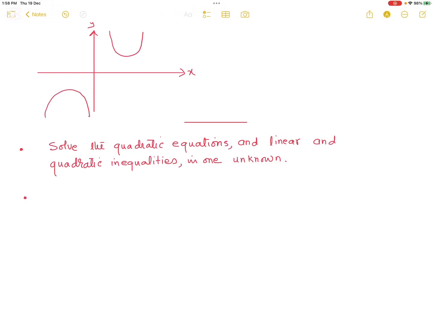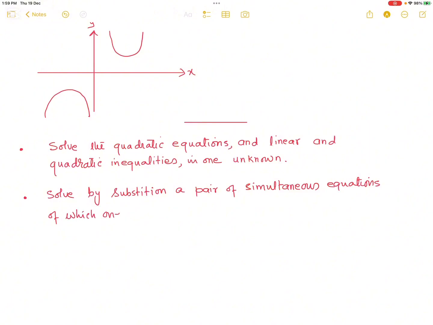The fourth point is solve by substitution a pair of simultaneous equations of which one is linear and one is quadratic.